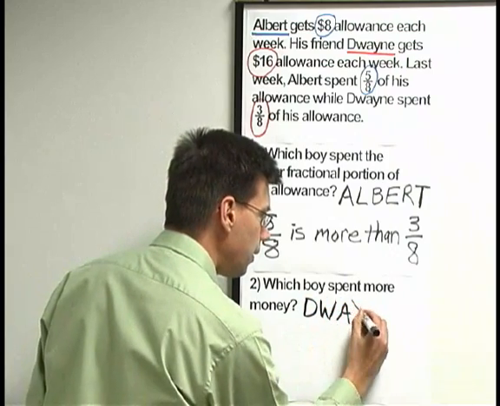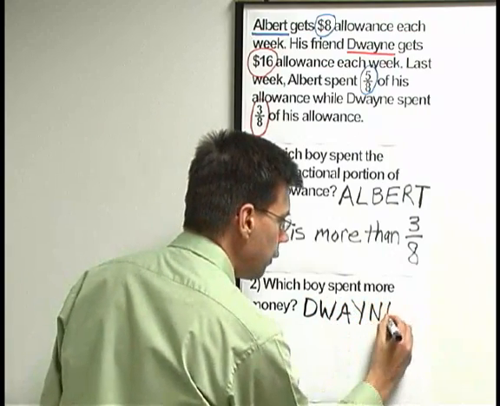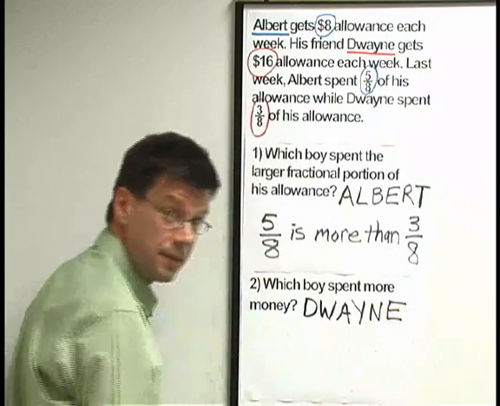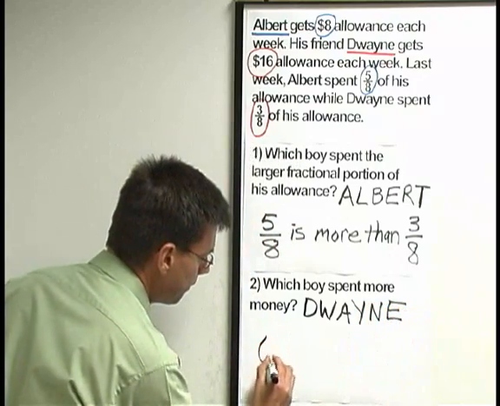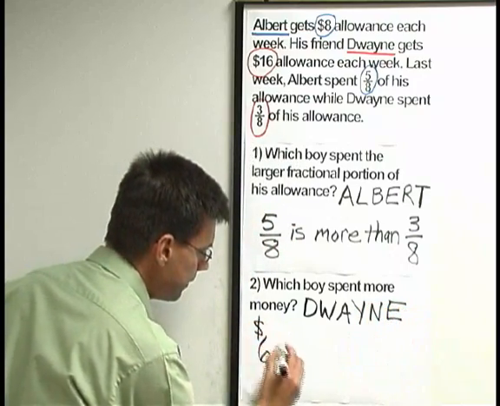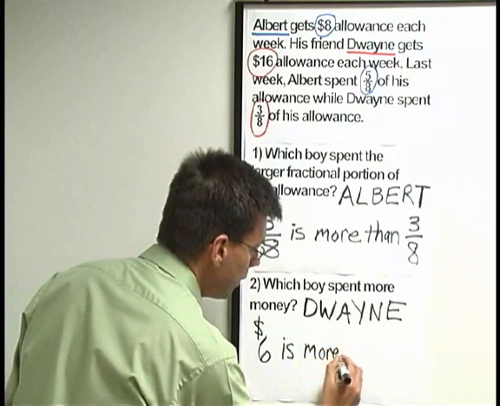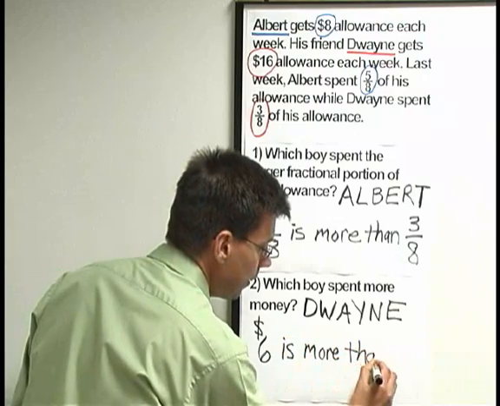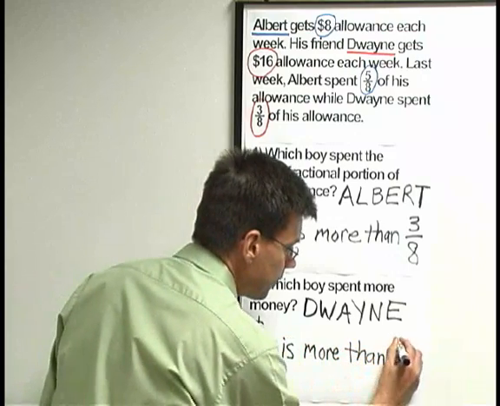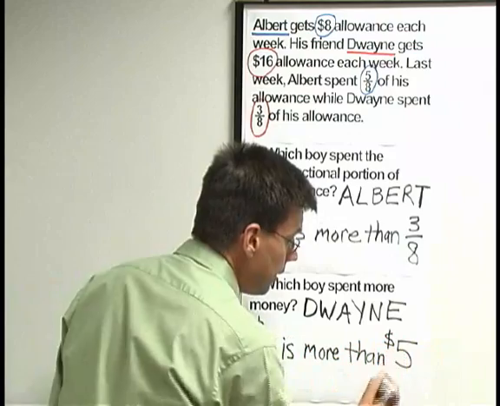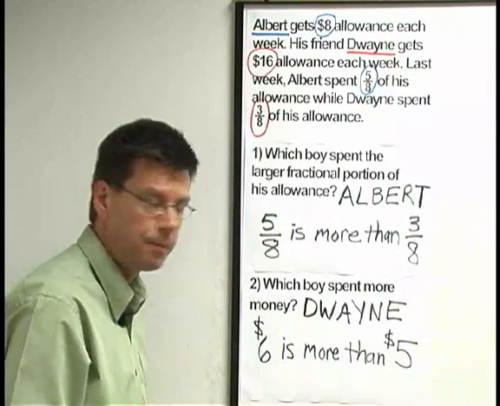We know that Dwayne spent $6. And $6 is more than $5. $5 is how much Albert spent.